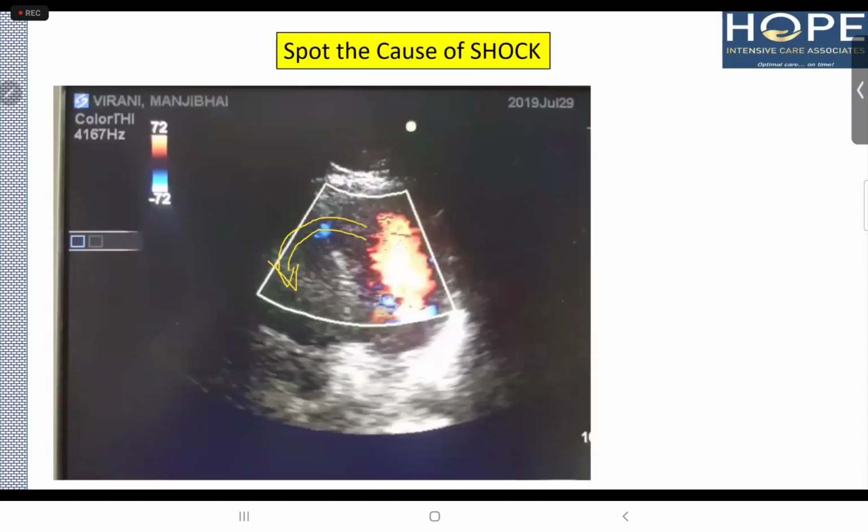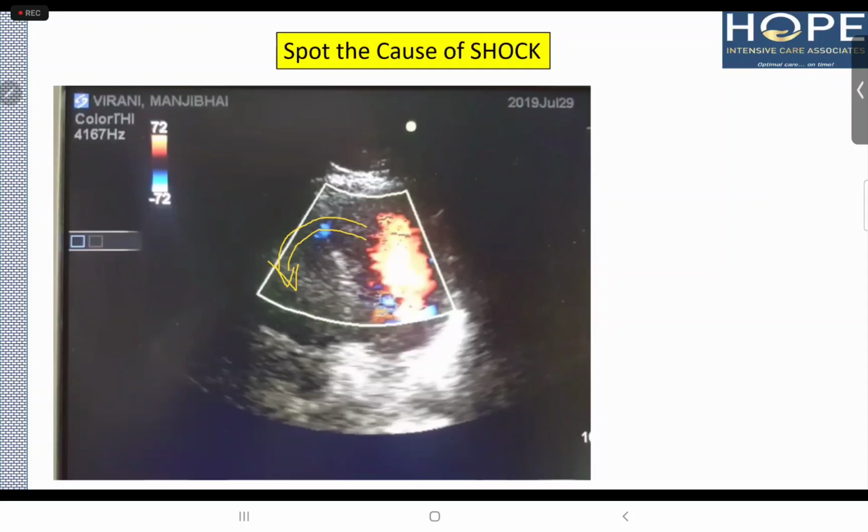So this patient has a pansystolic murmur and he has shock. That means we carefully look for mechanical complication of myocardial infarction, and this is what we found. This patient was immediately taken for bypass surgery and ventricular septal repair, and has survived.